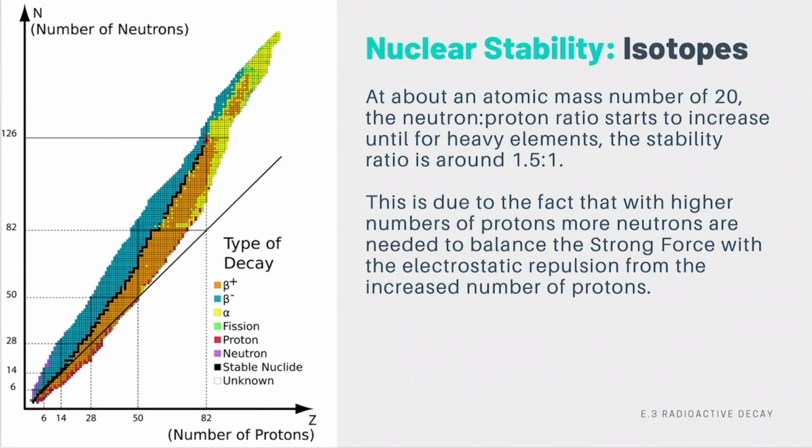In fact, the very heaviest elements have a ratio of 126 to 82, which is around 1.5 to 1. So heavy elements have an N to Z ratio of 1.5 to 1. That means that the nuclei need more neutrons than protons to keep them stable.